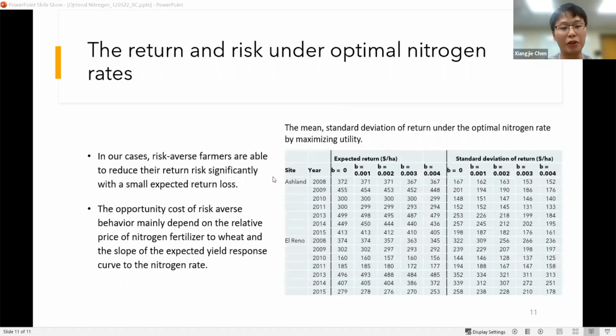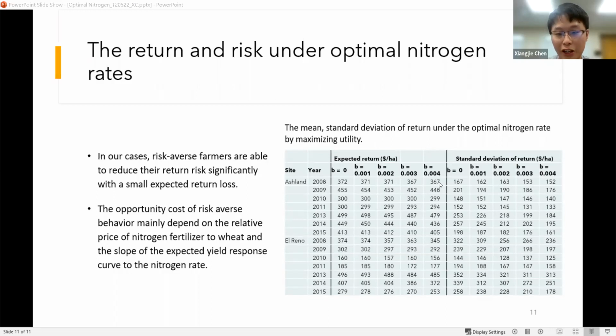And then I also calculated the return and the risk under the optimal nitrogen rate. The return is the expected return, and the risk is measured by standard deviation, and these numbers are calculated from the outcome under the optimal nitrogen rate. We can see that the risk-averse farmer is able to reduce the risk significantly with just a small expected return loss.